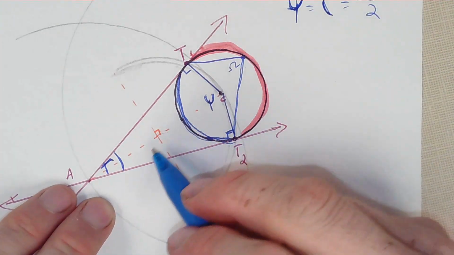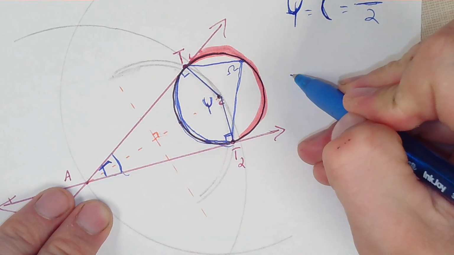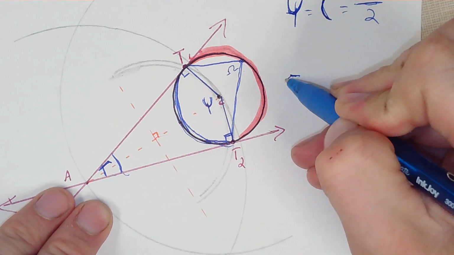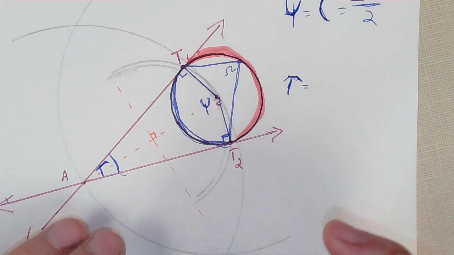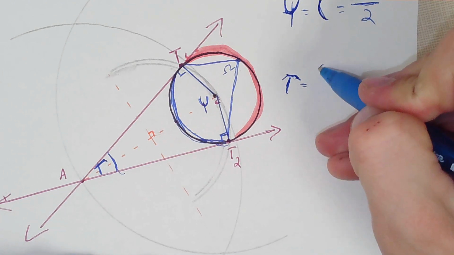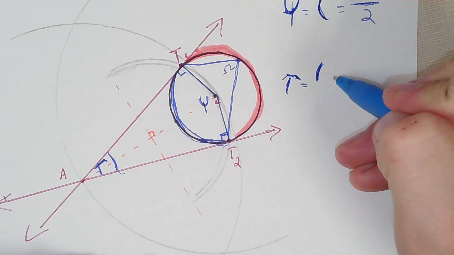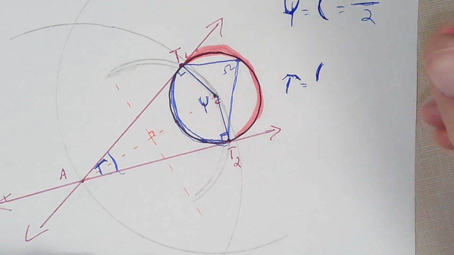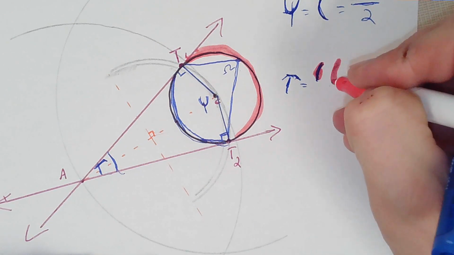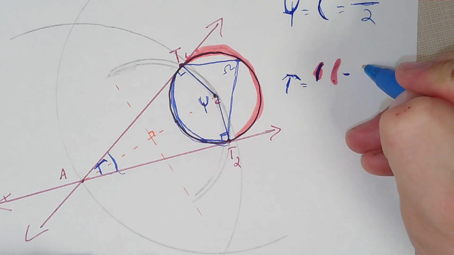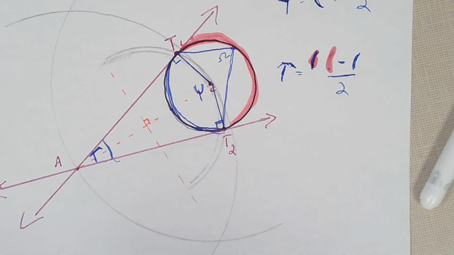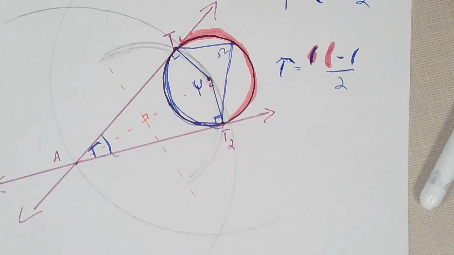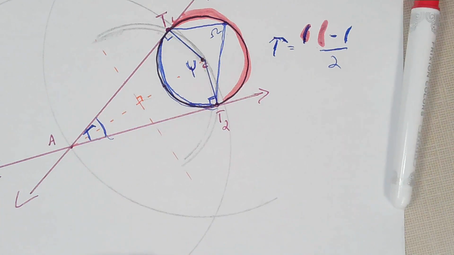Right, and then this guy right here equals this, a big one. So it's going to be this minus the little one, divided by 2. Okay, and yeah, so I think that pretty much sums all this stuff up.